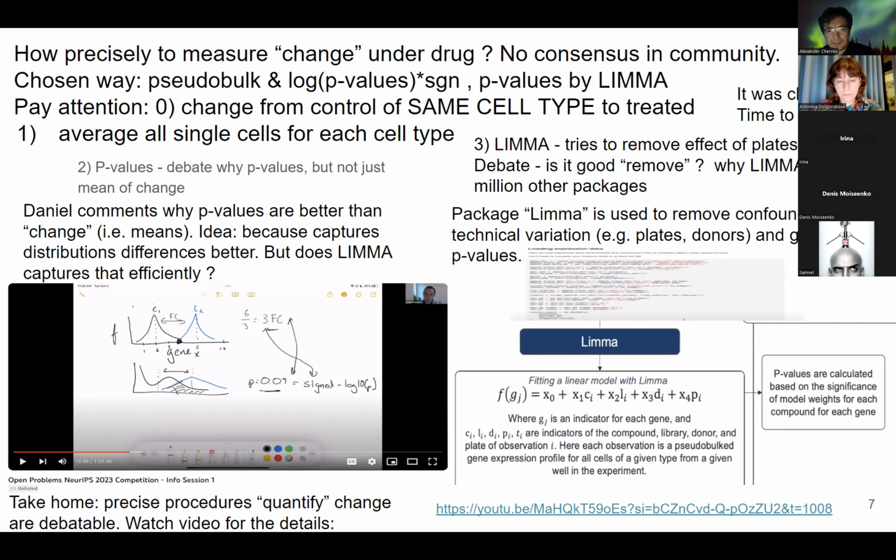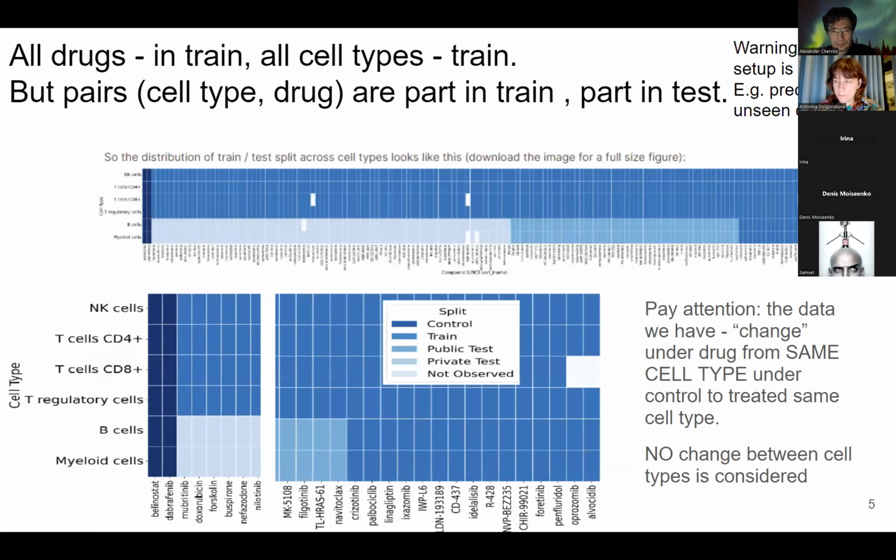One last question. I still don't quite understand what the test set looks like. Here I see that they have held out information about certain cell lines, or maybe it cannot be called a cell line, but cell type experiments. Is the number of donors the same?